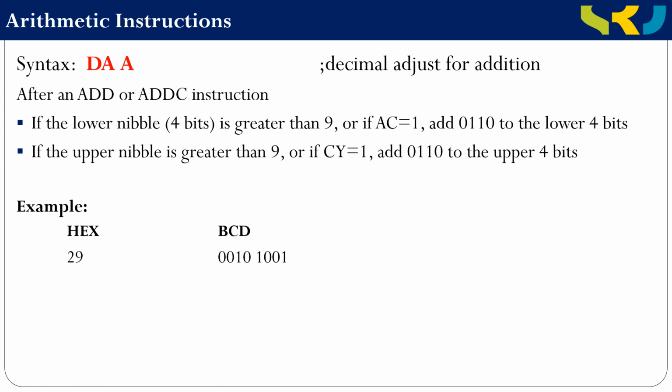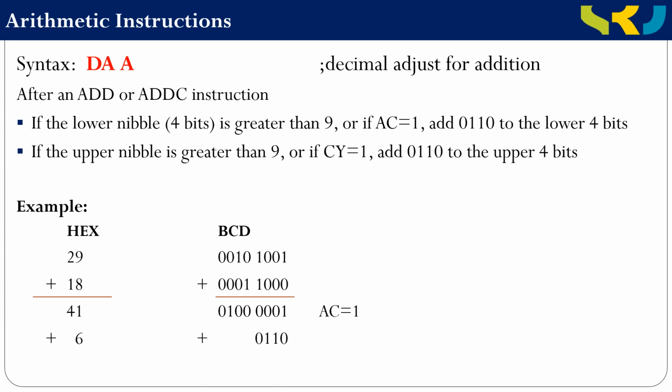Let us consider the first number is 29 and the second number is 18. Here 29 plus 18 in hexadecimal gives 41, but in BCD we require a different value. If you observe in this example, when adding the lower nibbles, a carry is generated.